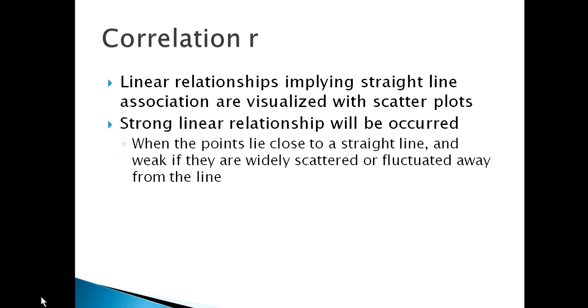Correlation test: linear relationships, implying straight line association, are visualized with scatter plots. A strong linear correlation occurs when the points lie close to a straight line, and the relationship will be weak if they are widely scattered or fluctuate away from the line or from the mean.